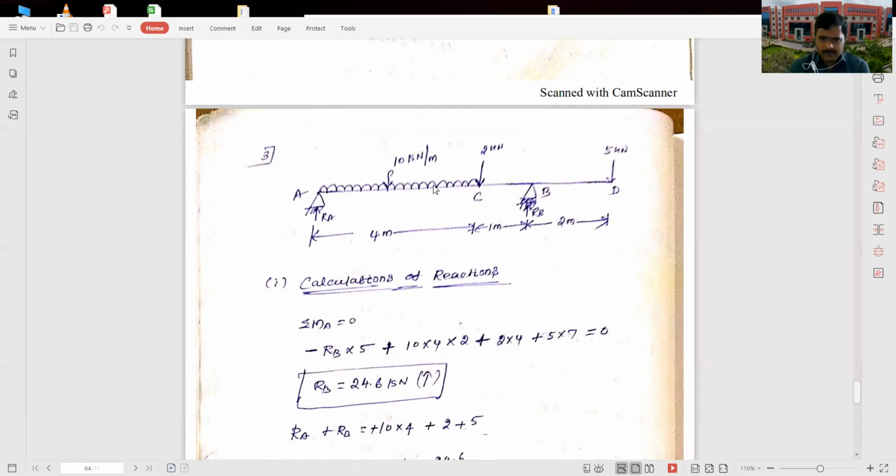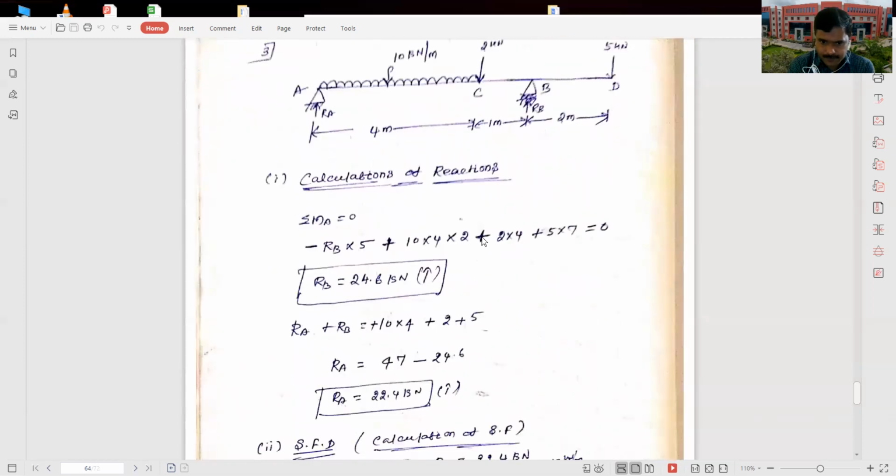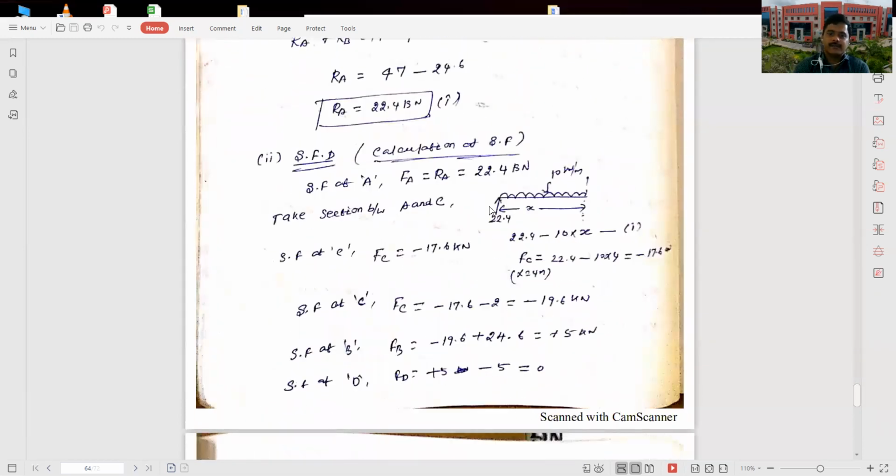Then, okay, because of this load, also the shear force value will change. So how will we see? We can take the section between A and C. This is the section between A and C. From A, the distance is x, and over this distance x, the load acting is 10 kilonewton per meter, and at point A the reaction is RA, 22.4.